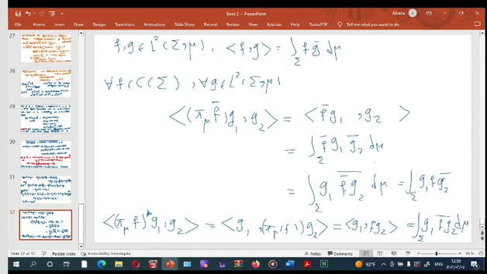I'm very sorry for this mistake. This is very simple. We don't have this line. Okay. We have these two equalities.